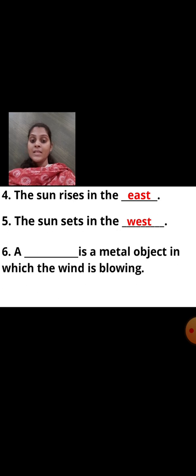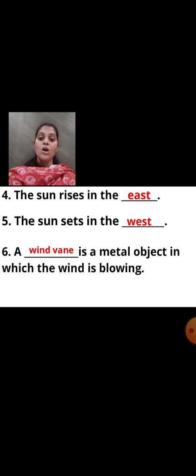If you look at your textbook, there is one object shown in the yellow box. It is known as a wind vane. A wind vane helps us to show the proper directions. It is helpful for showing from which direction the rain or the storm is coming. That metal object is known as a wind vane.